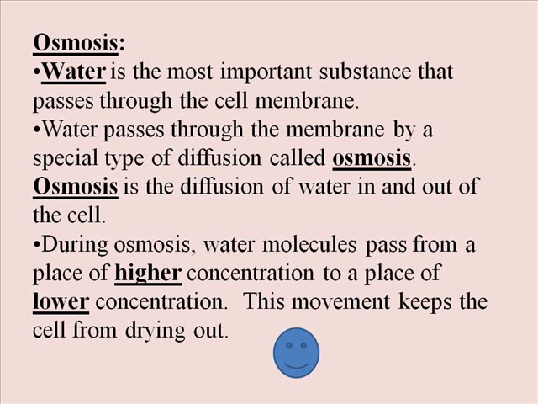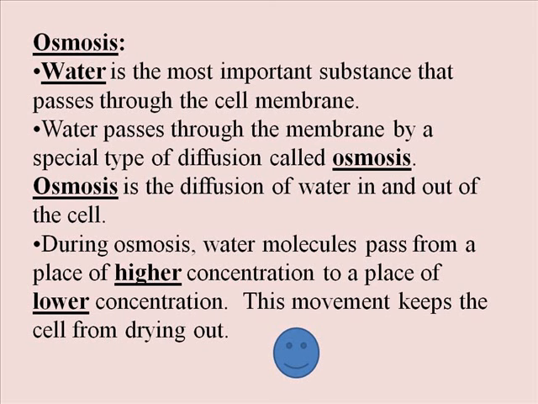Now, diffusion described the movement of substances. However, the most important substance that we need to move into our cell is water. So water gets its own special name for its movement, and that is osmosis. Osmosis is a type of diffusion, but it's the diffusion of water into and out of the cell.